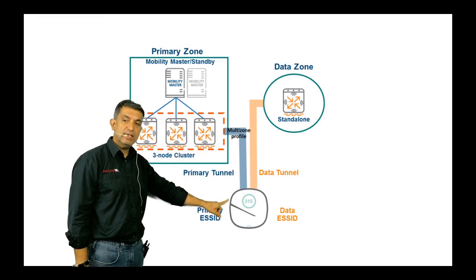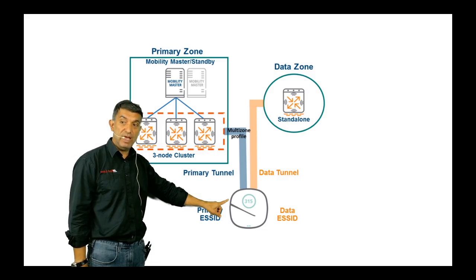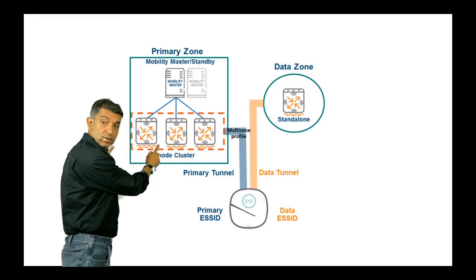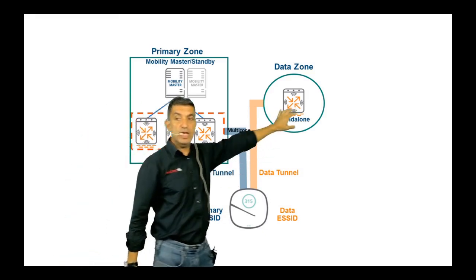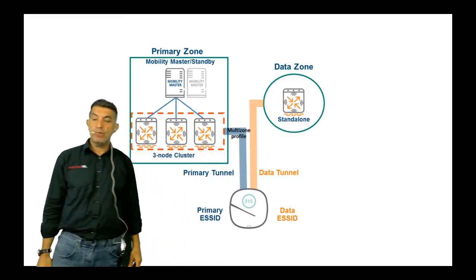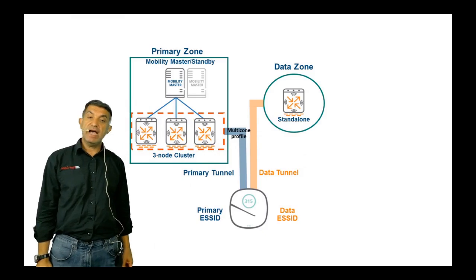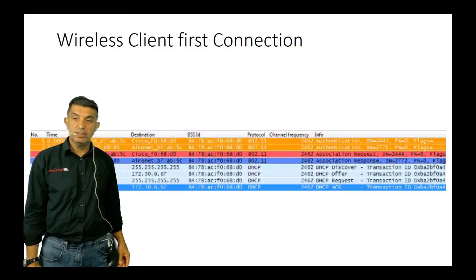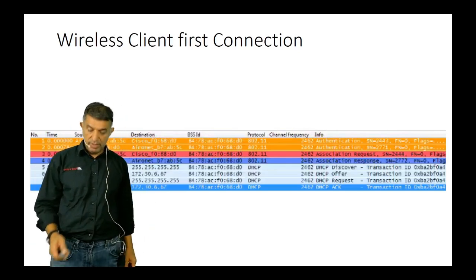Aruba APs can set up different tunnels to different controllers or controller clusters and controller environments. So they can send a special SSID to, for example, one controller cluster, and another SSID to that one. Yeah, it is one idea compared to the Cisco one. It is a little bit different, but it works too.